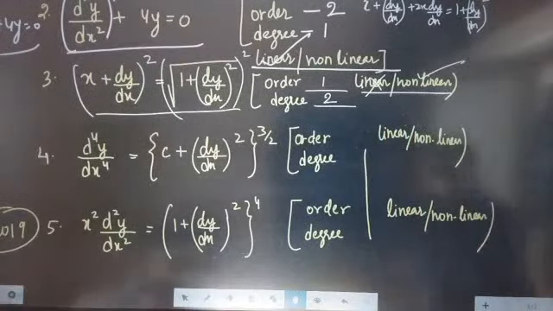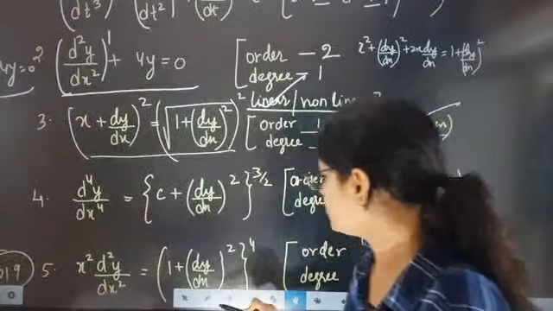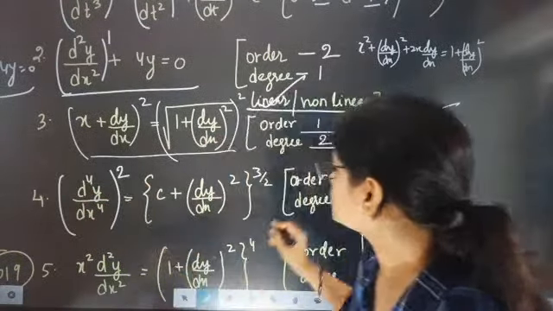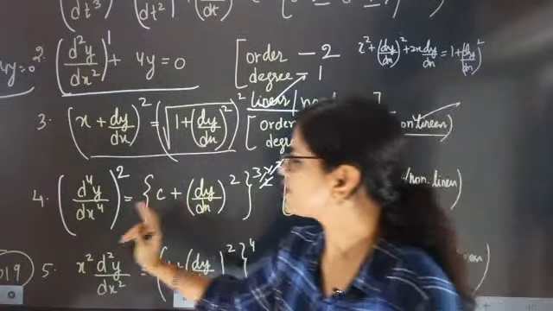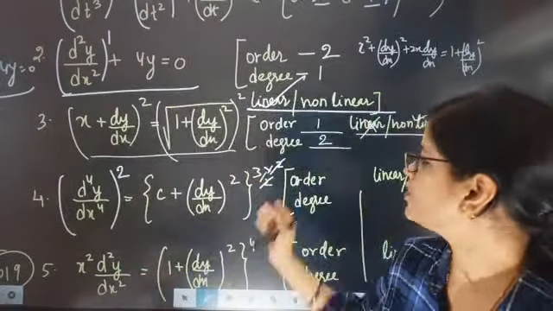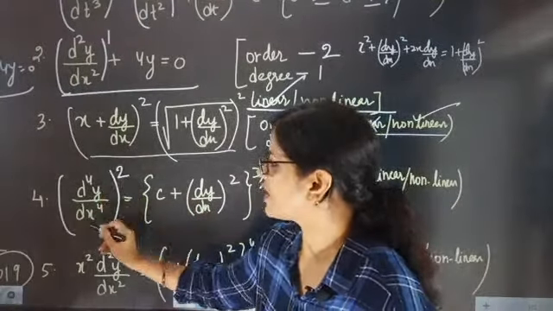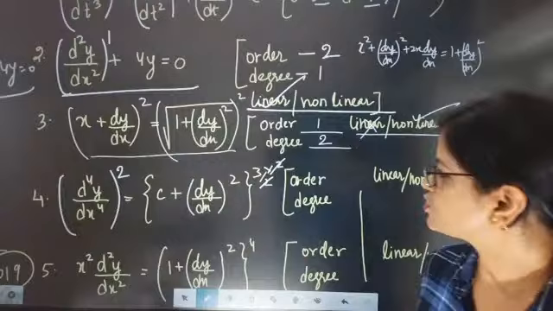So how are you going to remove the fraction? You are going to square both sides. Now it is not going to be in fraction. So fraction removed, it is coming as d4y by dx4 to the power 2 plus dy by dx to the power 2.